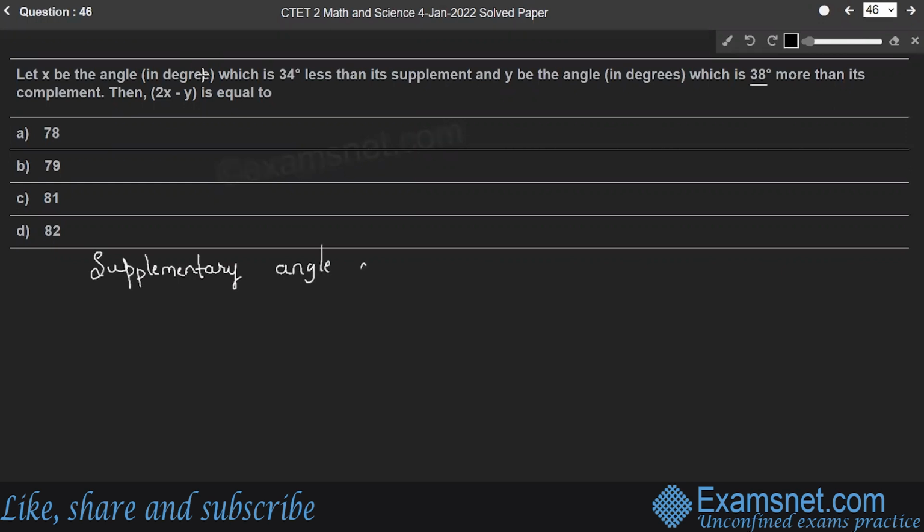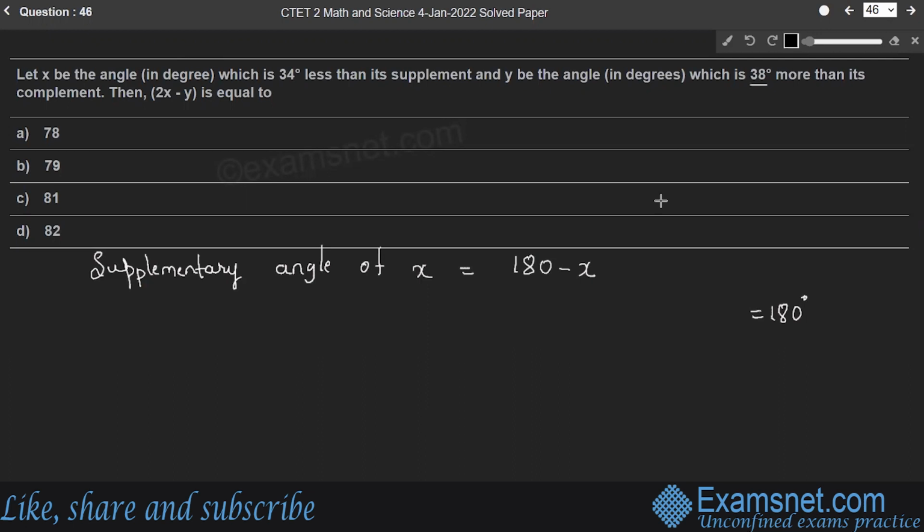Supplementary angle of x is equal to 180 minus x. Two angles are said to be supplementary angles when their sum is equal to 180 degree. Right? So supplementary angle of x is 180 minus x.